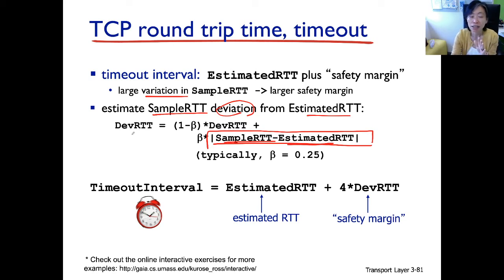So let's estimate the smooth deviation of round-trip time, DevRTT, borrowing again the technique, the exponential weighted moving average, to get the smooth DevRTT. So the next DevRTT will be the current DevRTT and the weighted sum of that with the instantaneous deviation of RTT.